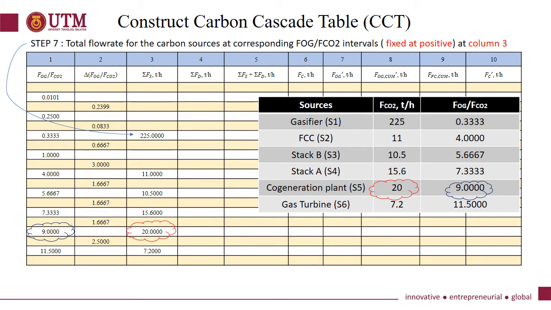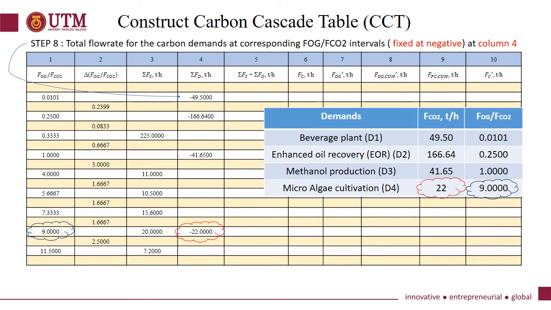We can observe that the FOG over FCO2 level of 9 comes from S5 and the FCO2 of S5 is 20. Therefore, we fill in 20 in column 3 as the flow rate of carbon source for the FOG over FCO2 level of 9. Note that the flow rate of the carbon source is fixed as positive.